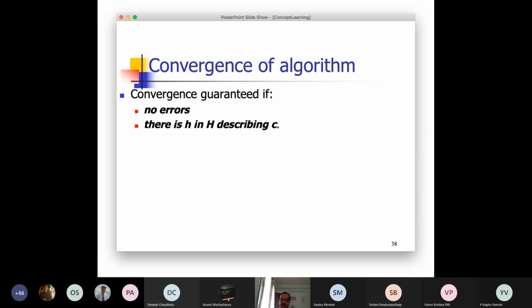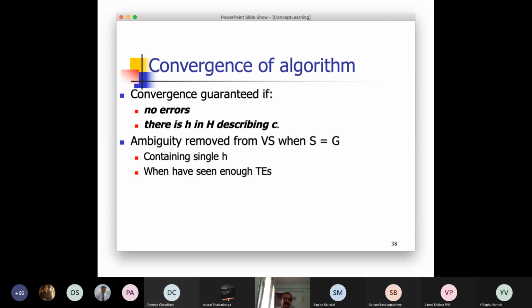That means there is a hypothesis which describes this target function C. The constraints you have imposed in formulating a hypothesis should allow the target function to exist. If it does not exist, then you will get a null hypothesis space, which means it is not able to represent this target.